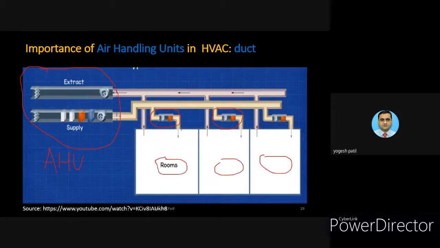You can see in each and every room this particular section is there, and this section is nothing but the VAV. Okay, so this is the variable air volume unit. This is present at a separate room. This particular part is the supply part, and this is the return part, the return part of the air handling unit. And this is the supply part.